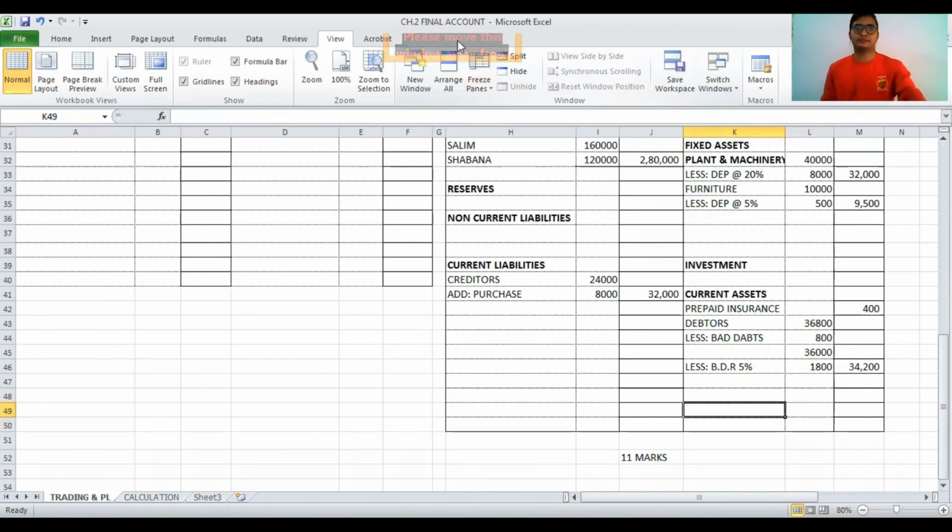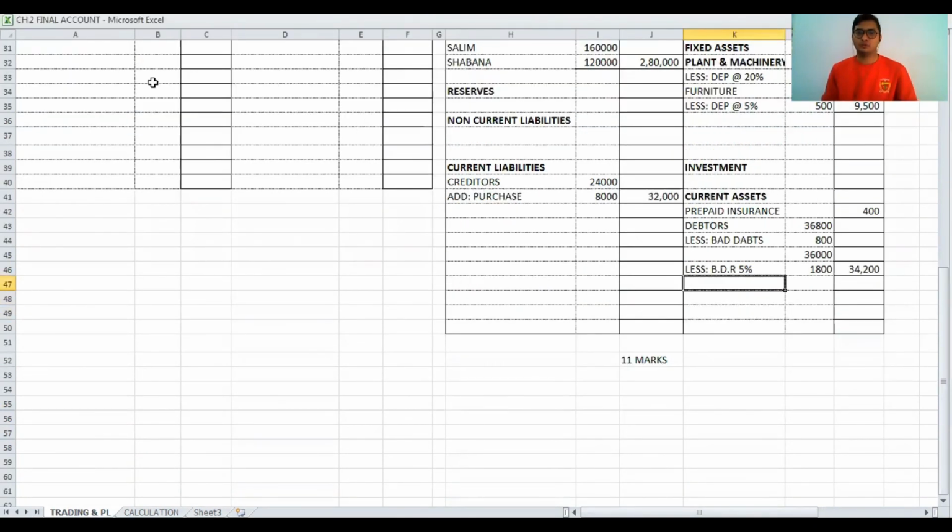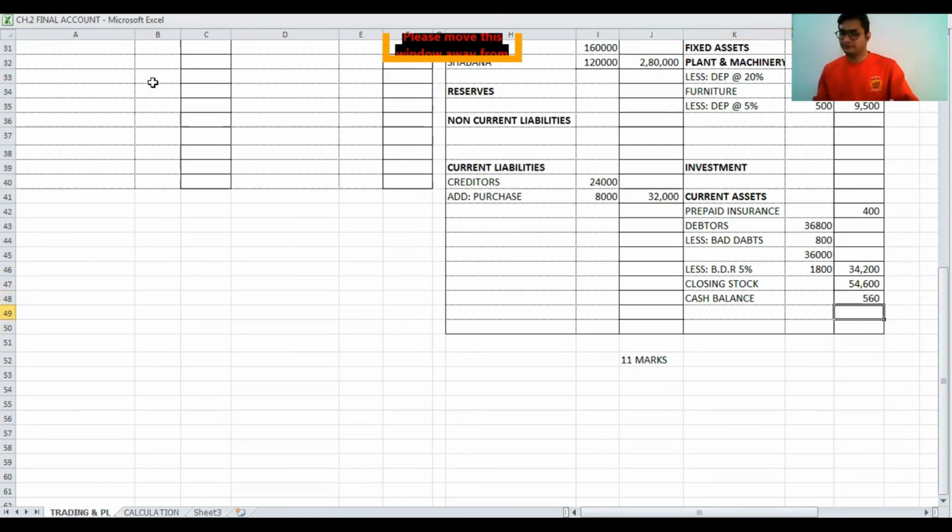Then after, stock of goods means closing stock that is given on debit side in balance sheet, liability side. We have to write closing stock amounting to 54,600. Cash balance 560. So cash balance in asset side amounting to 560.